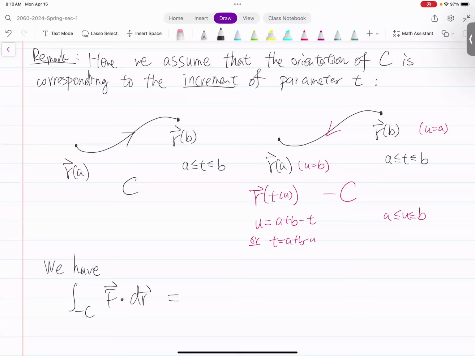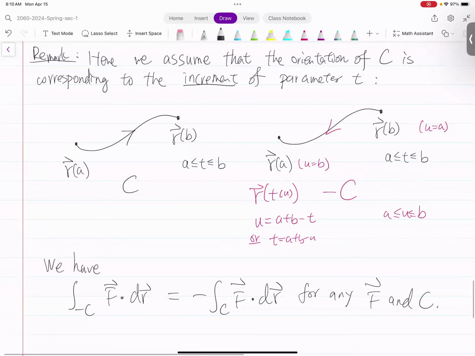Okay. So that's the difference. So this is actually the negation of the integral from the original orientation, for any vector field and the curve C.